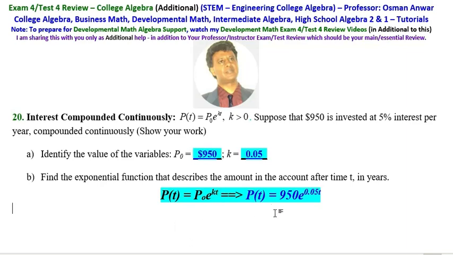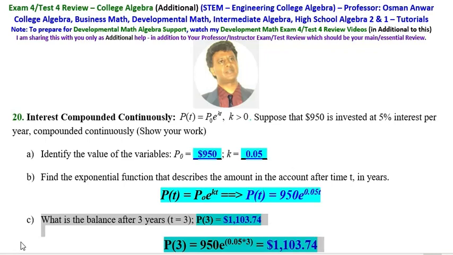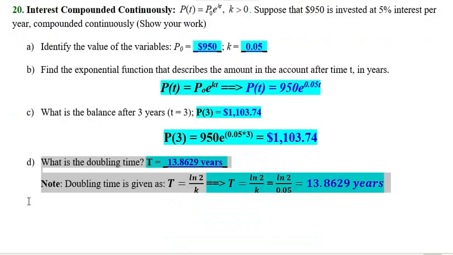That is P of t equals 950 times e to the 0.05 t. Then find the balance after 3 years. That is t equals 3. That is P of 3 is 950 times e to the power of 0.05 times 3, which is 1103.74.